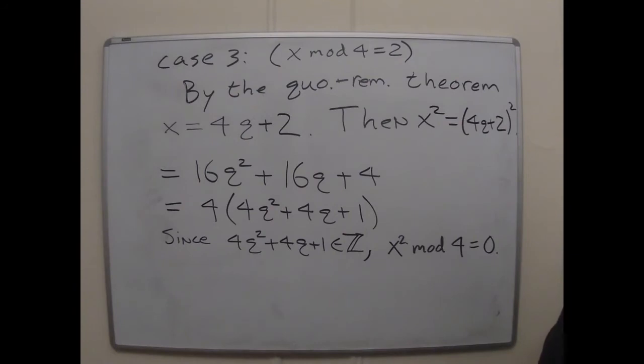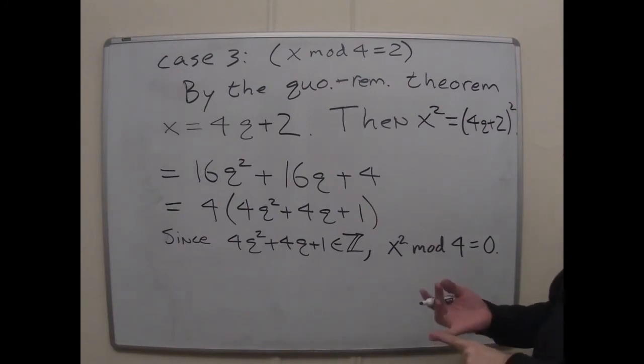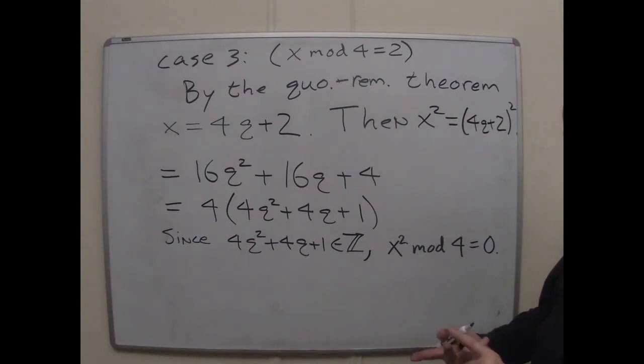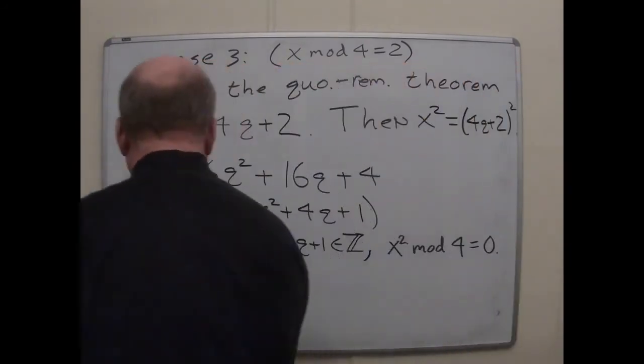There's room to get started on case 4 because this is a good outcome too, right? We're hoping to show that x squared is either 0 or 1. And our cases so far have given 0 and then 1 and then now 0. So I bet the last case gives us 1.